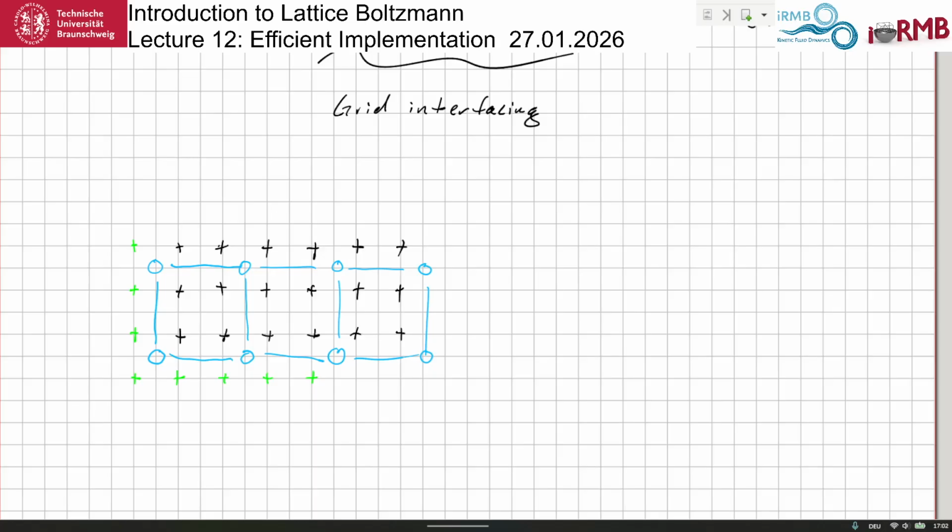Now I notice I didn't have enough of them. The next ones are going to be here, here, here, and here. Again, we have a cell here, and now we are roughly coming to the point where we want to be.